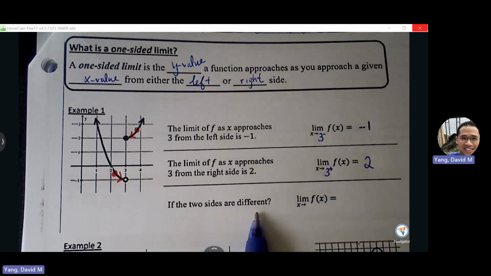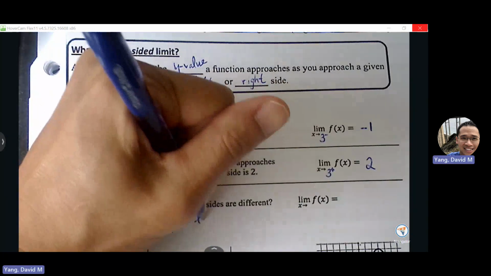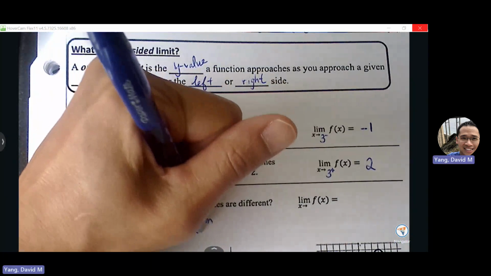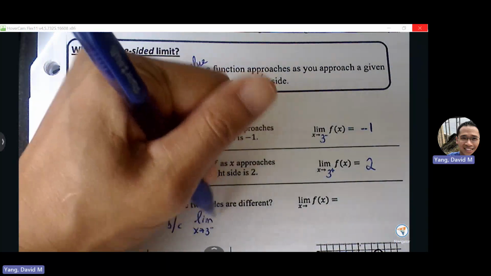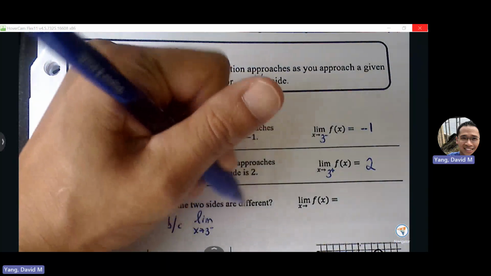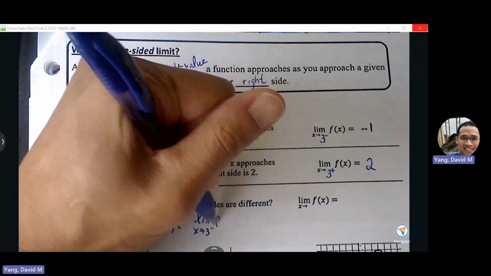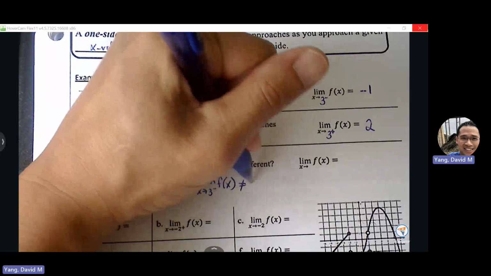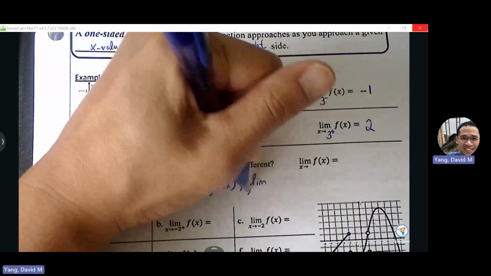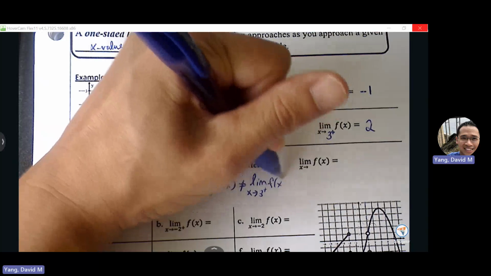So if the two sides are different, we can say that the limit as x approaches 3 from the left side of 3 of f of x is not equal to the limit as x approaches 3 from the right side of 3 of f of x.